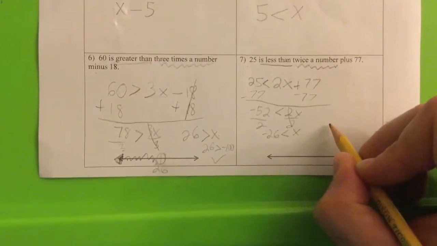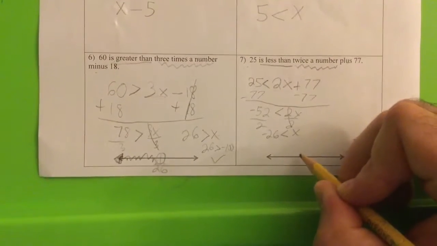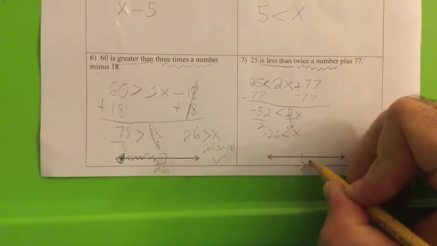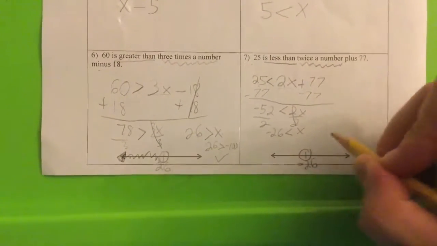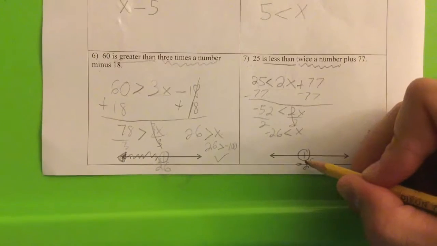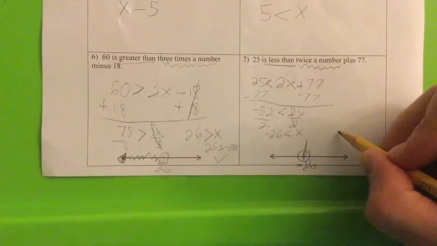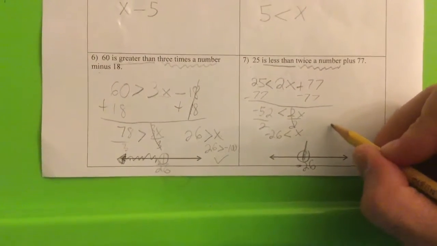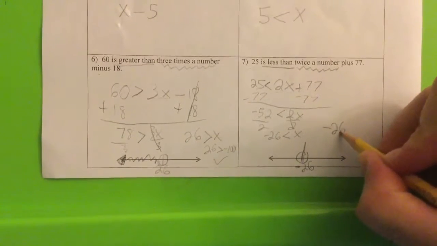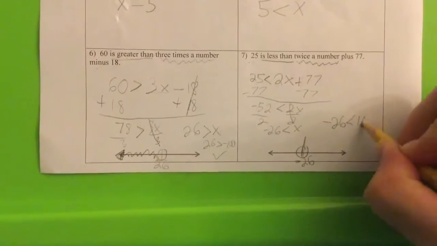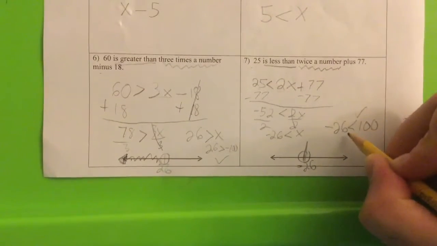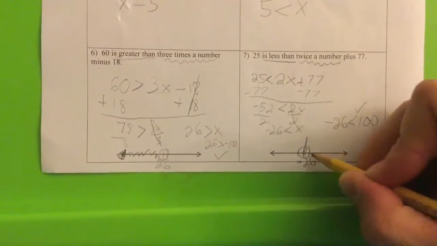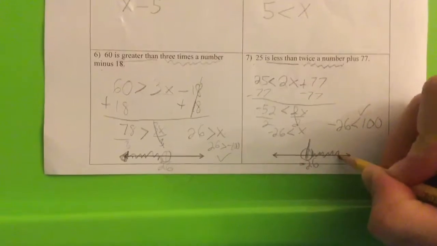So here is my negative 26. There is my open circle. Now we're going to go ahead and check. The check for this one has got to be 100, because negative 26 is less than 100. 100 is on this side, so I shade this way.